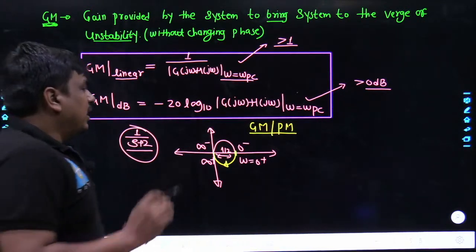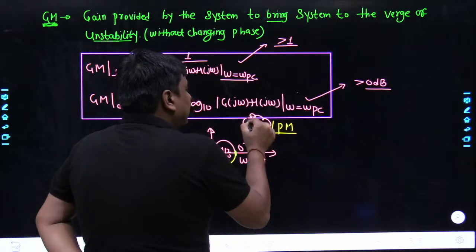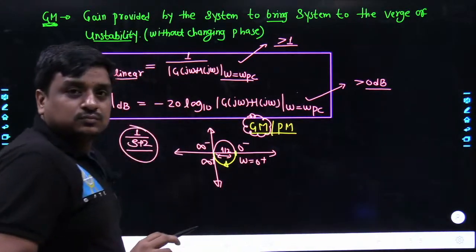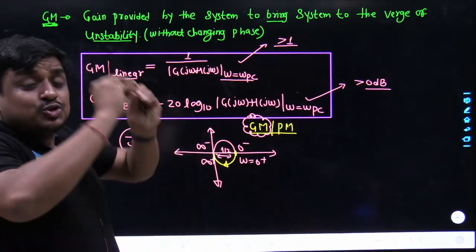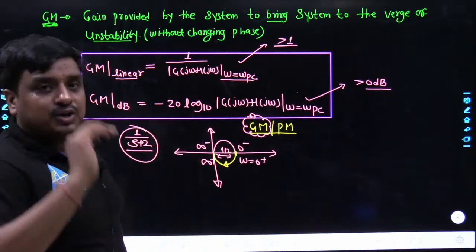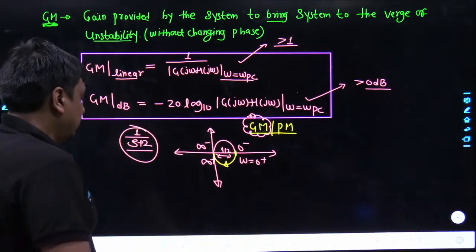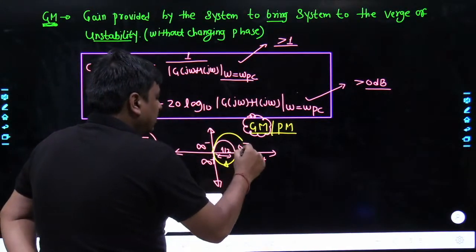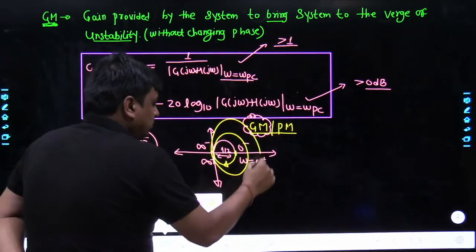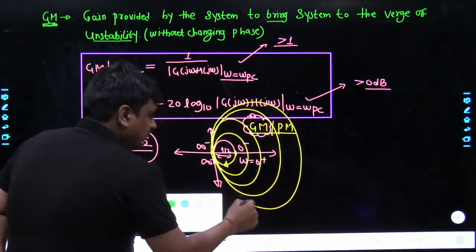See, I have clearly communicated that when I discuss the gain margin, it's a margin in gain: how much margin I can pump into the system to reach the verge of instability or stability, or the encirclement of minus 1 plus j0. See, if I give more and more gain, what would happen? This Nyquist plot would increase its size.